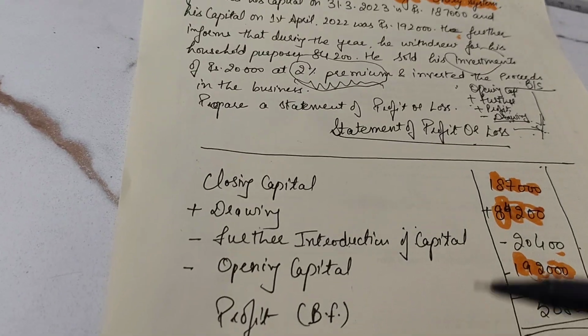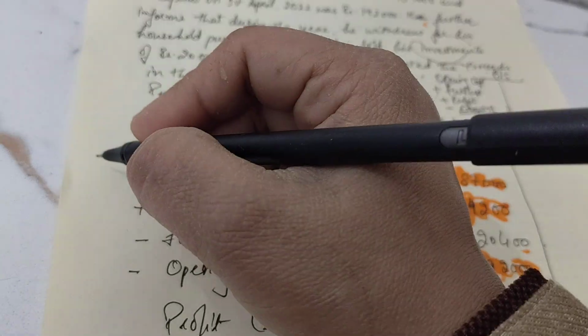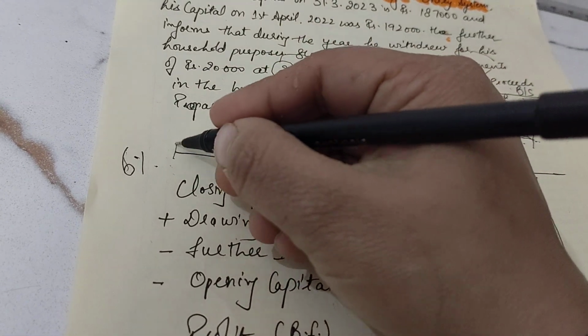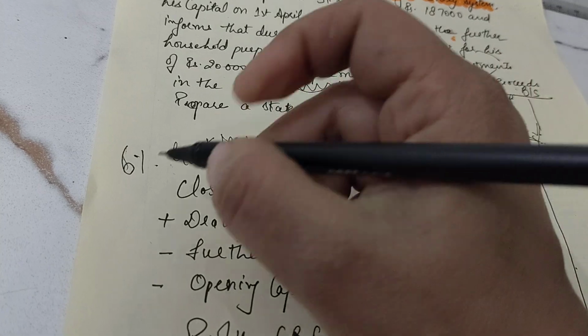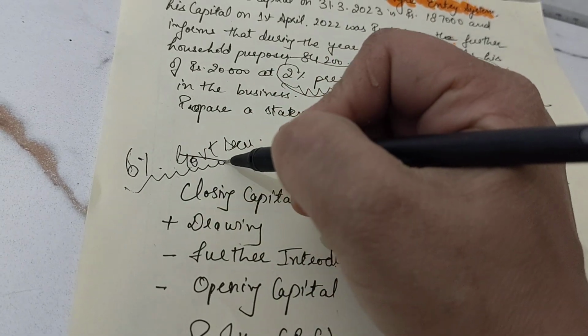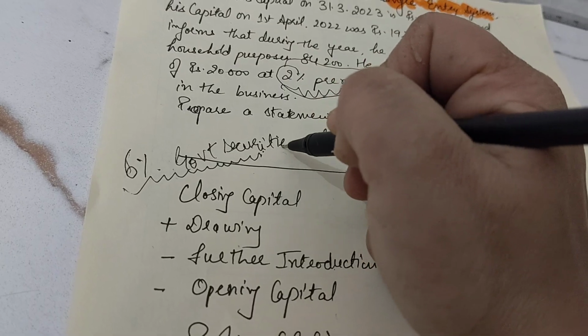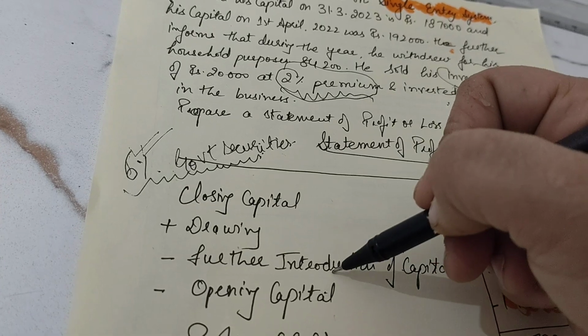One more thing I want to highlight is that investments could carry a name also. Like if the question says 6% government securities, the name of the investment is 6% government securities. This 6% just tells about the interest on the investment, so it need not be accounted for in your further introduction of capital.